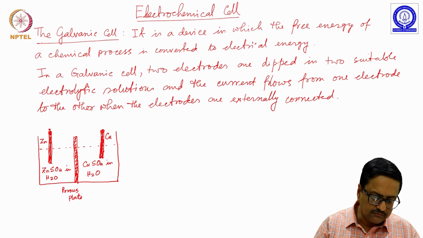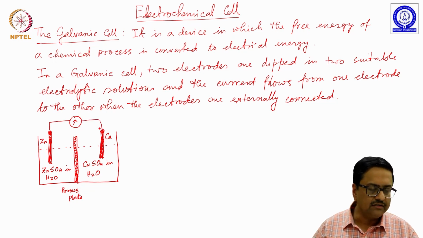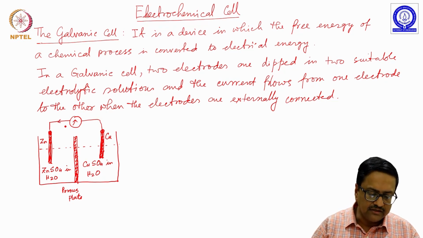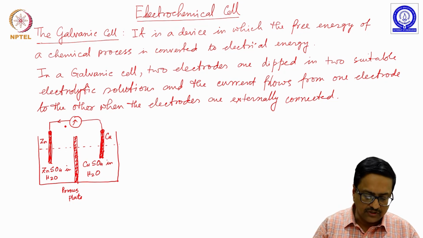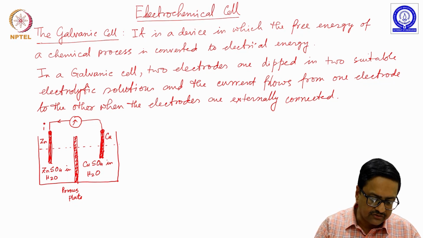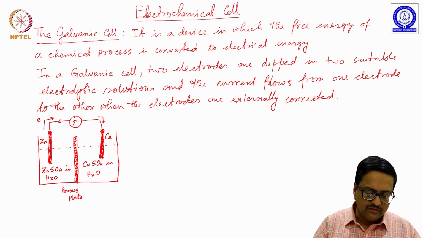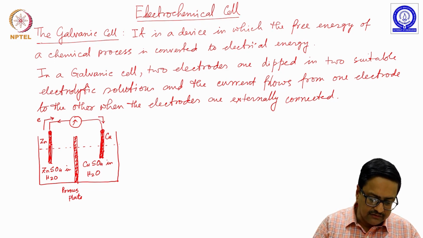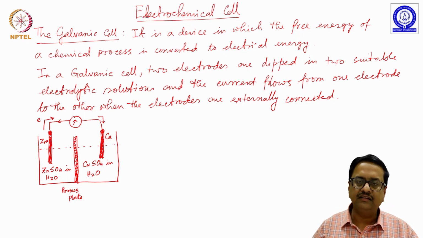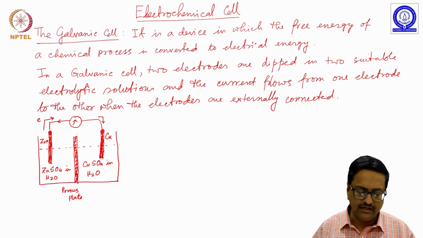So when these two electrodes are externally connected using an ammeter which measures the current, we see that there is a flow of current in this direction in the outer cell and from zinc to copper in the inner cell, which essentially indicates the flow of electron in the opposite direction. Which means that there is some reaction happening at the zinc electrode which releases electrons at the electrode.